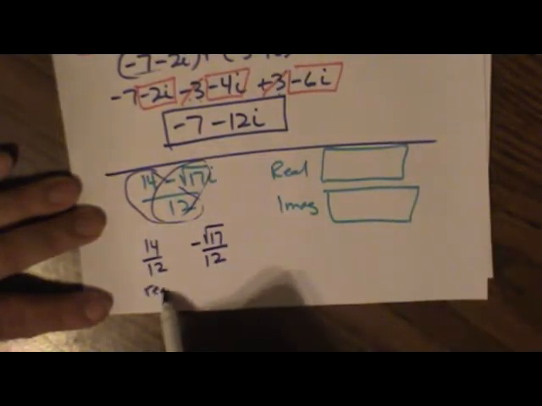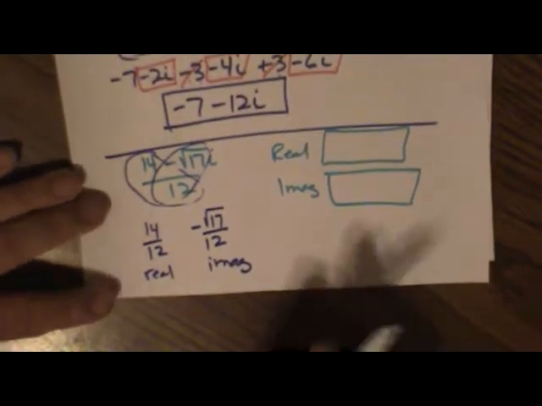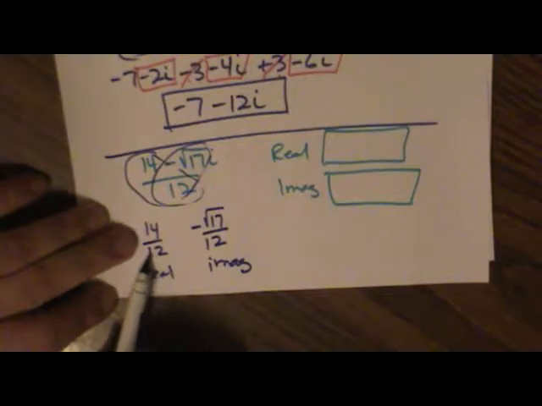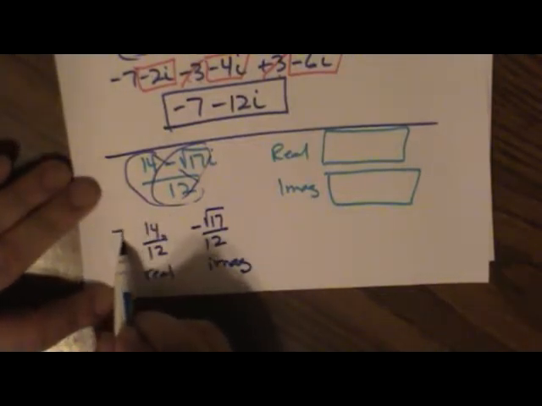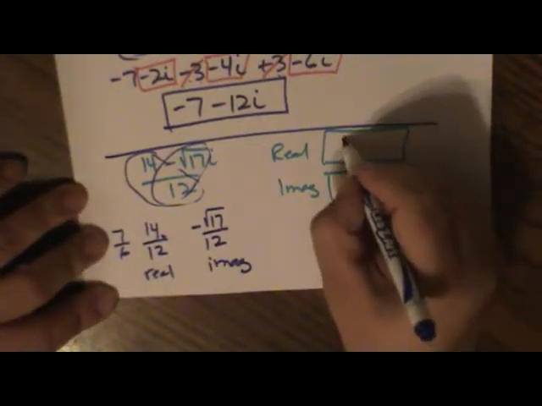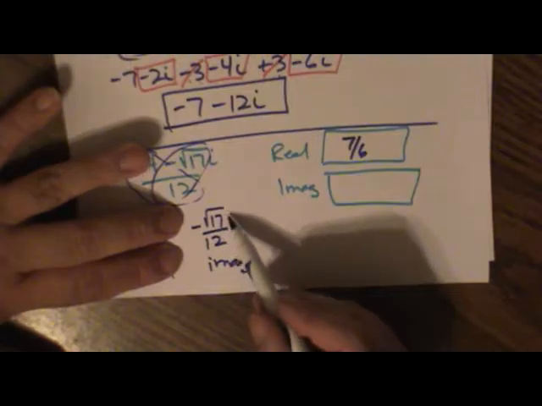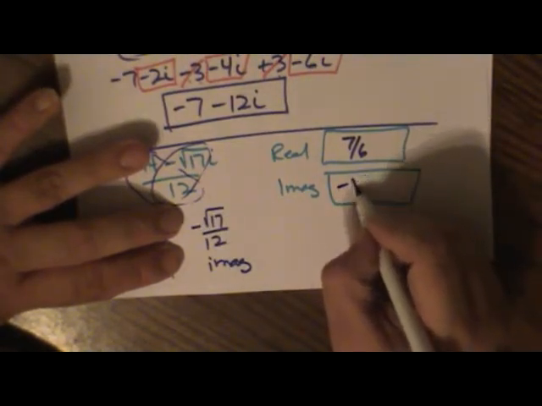This is the real. This is the imaginary. These are both outside, so we can reduce those. We can take, what, a 2 out of each one of those? So we get 7/6. So that's our real part. However, we can't reduce this one because one's inside, one's outside. So we have to leave that the same.